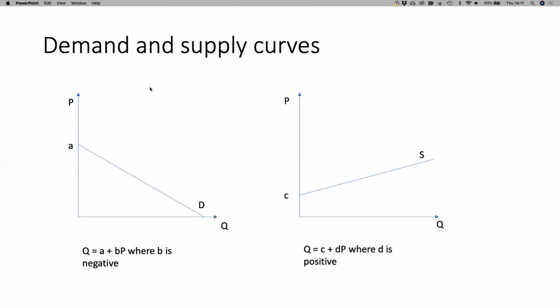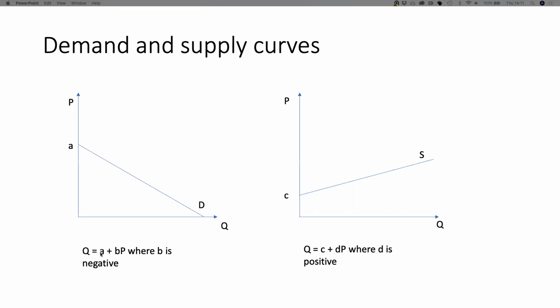These are what are known as demand and supply curves. The idea behind these curves is that on the x-axis, you have quantity, and on the y-axis, you have price, right? And as you can see, it is a downward sloping curve.